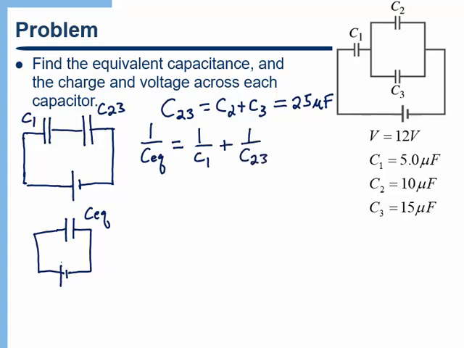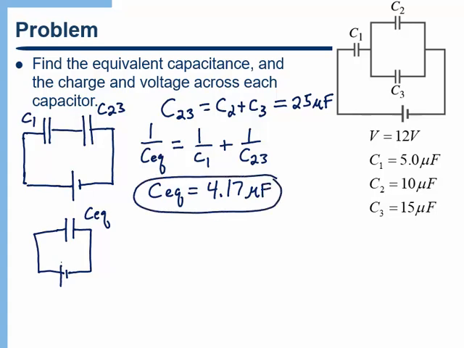Now again, make sure that you're actually trying to do this on your own and doing the calculations so that you discover whether you're doing it right or not, because it's so easy to forget to take 1 over the right-hand side there to get the final C equivalent. So if you haven't done it yet, do it before you continue on. All right, hopefully what you got was C equivalent is equal to 4.17 microfarads.